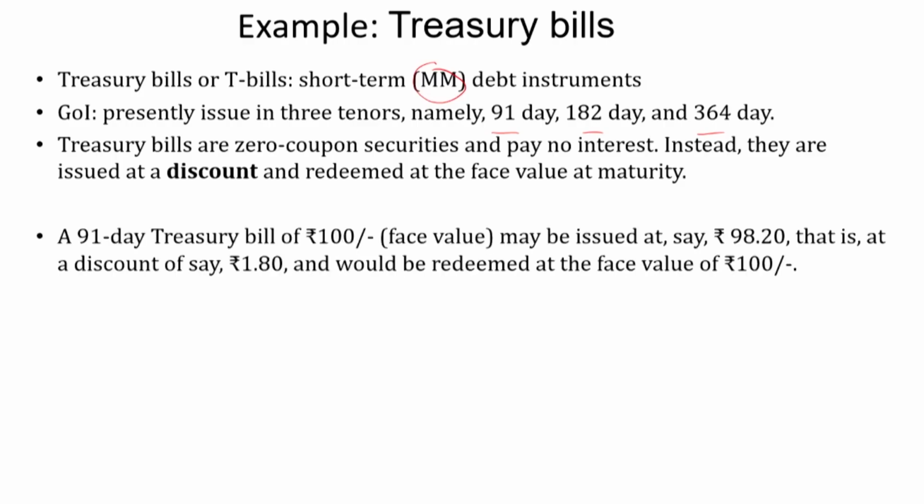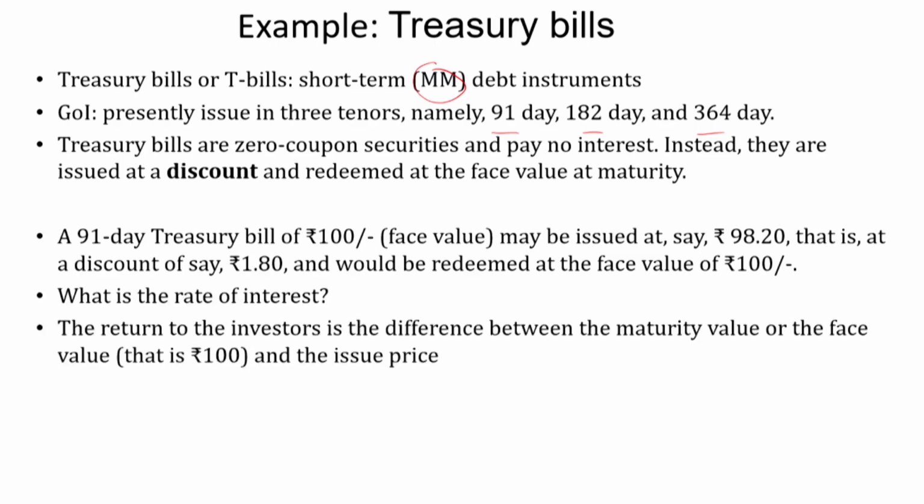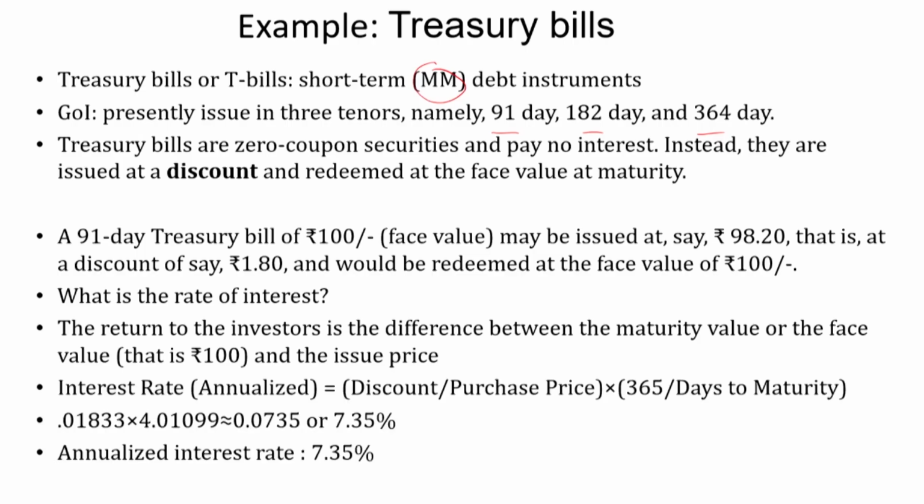So here I am giving you an example. From this you can calculate what is the rate of interest. The return to the investors is the difference between the maturity value or the face value and the issue price. So simply you can calculate here that the rate of interest is going to be 7.35 from this example.